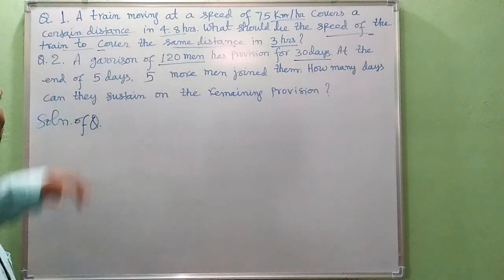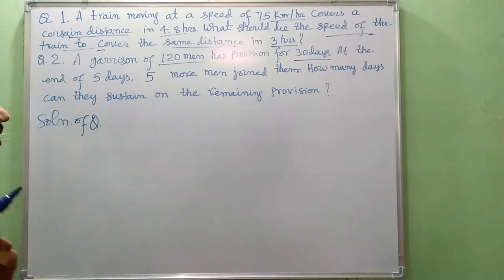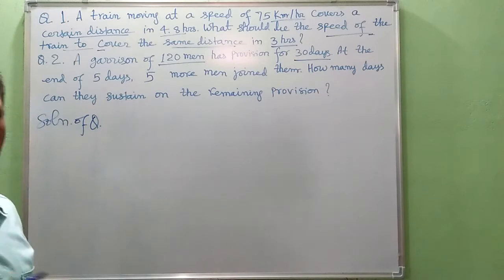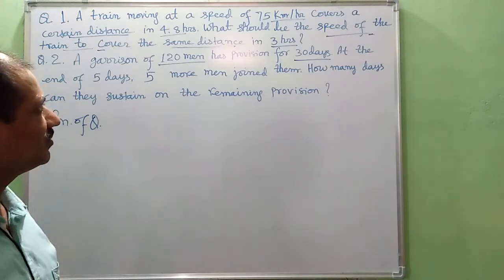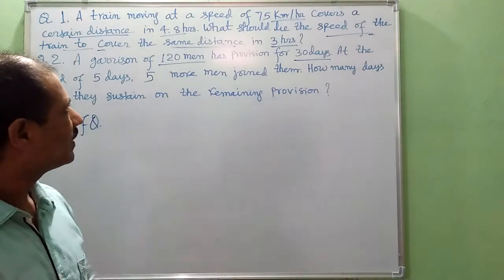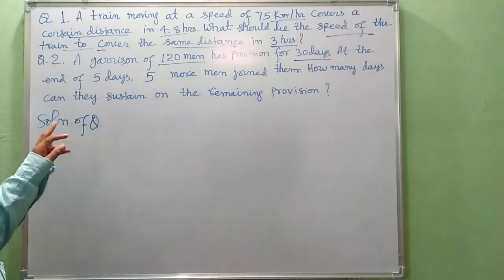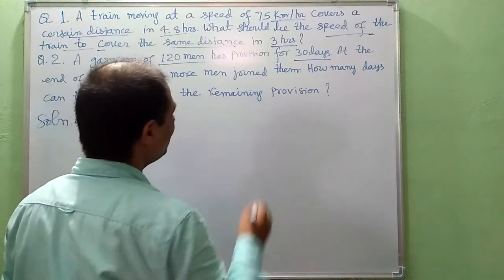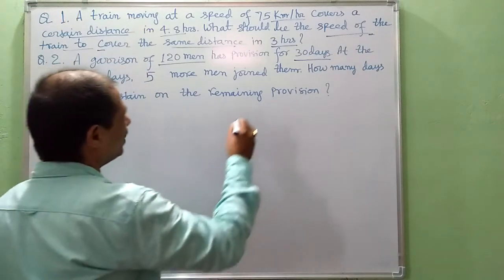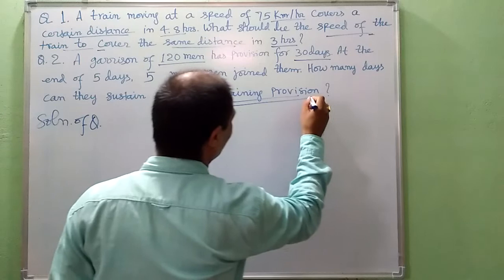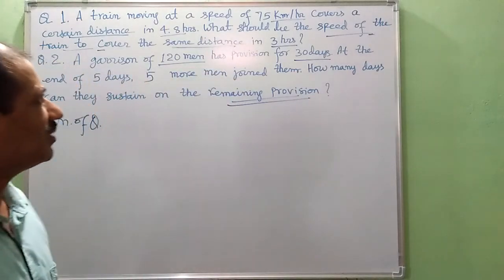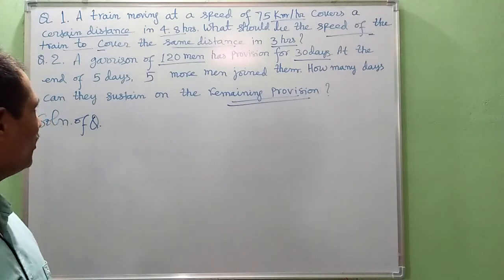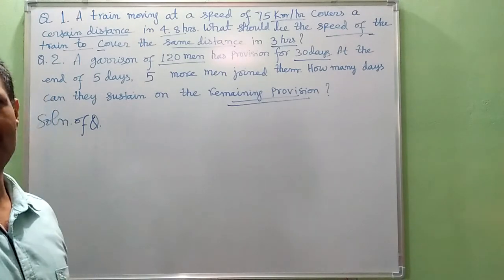At the end of 5 days, 5 more men joined. Now the number of men is increased. Then how many days can they sustain on the remaining provision? The provision is the same, the number of men is increased, but the amount of provision is not increased.